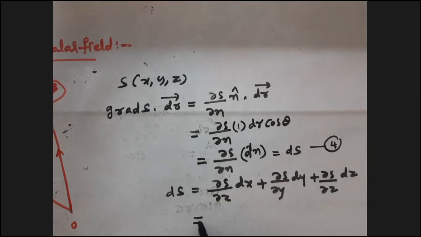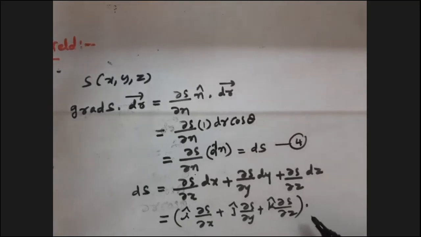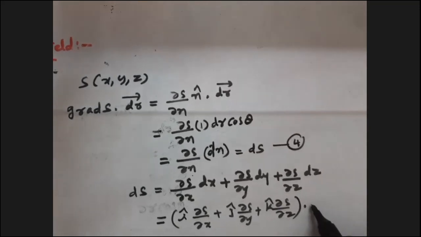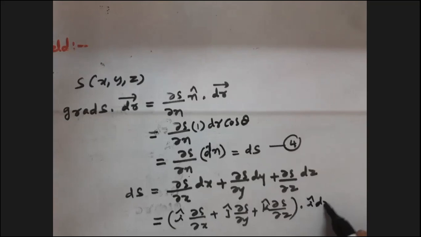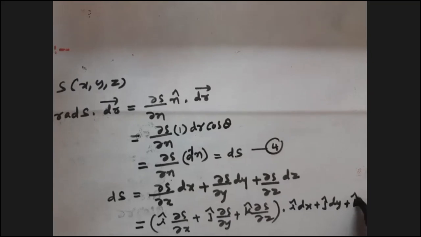This can be written as i cap dou S by dou x plus j cap dou S by dou y plus k cap dou S by dou z, dot i cap dx plus j cap dy plus k cap dz.